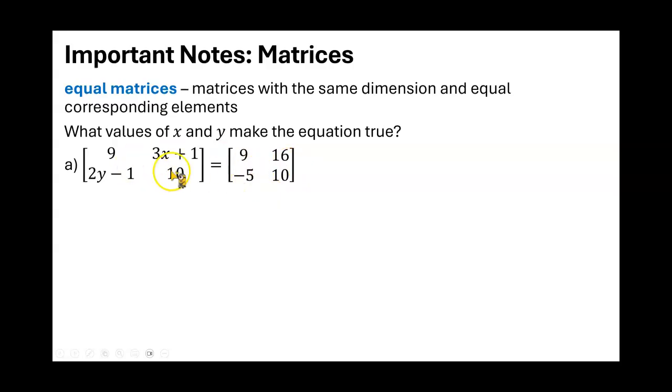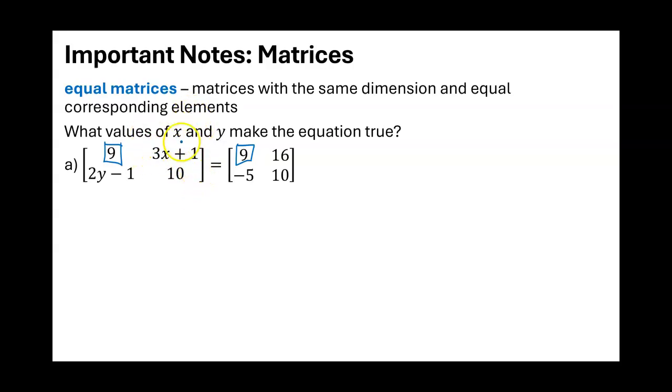They are of the same dimension, and since they are equal, it simply means that each element, this element is the same as this element. Okay, they are equal. Now, if you notice, our variables x and y are included as expressions in some of the elements. So how do we solve for those two values?